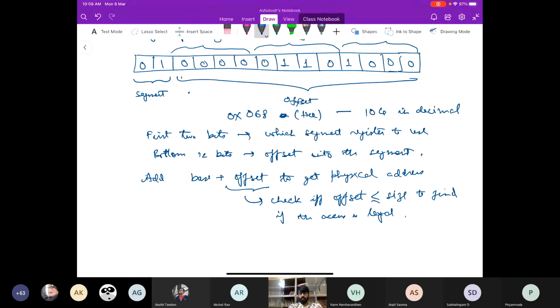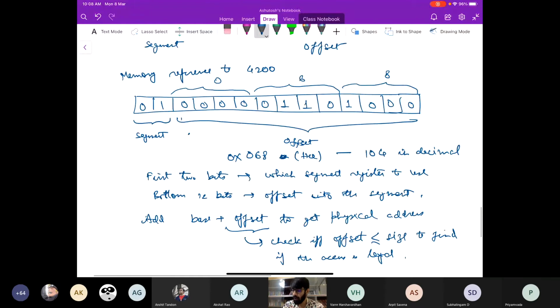So this is the approach that is going to happen. So what actually happens is that the hardware masks.